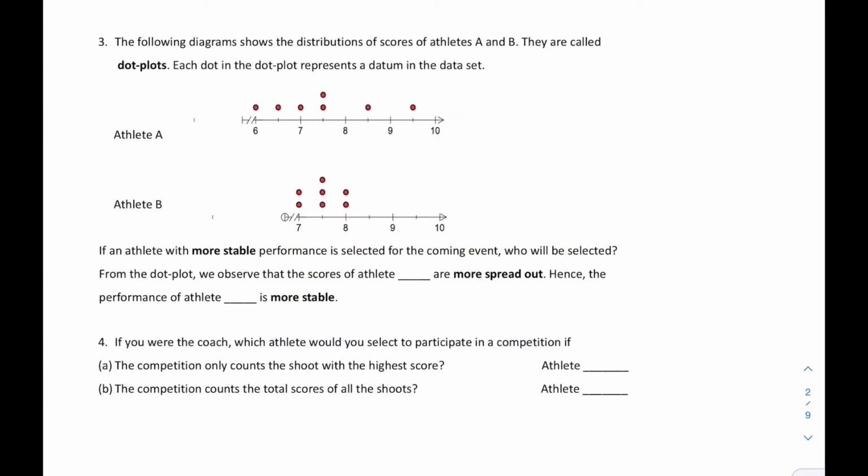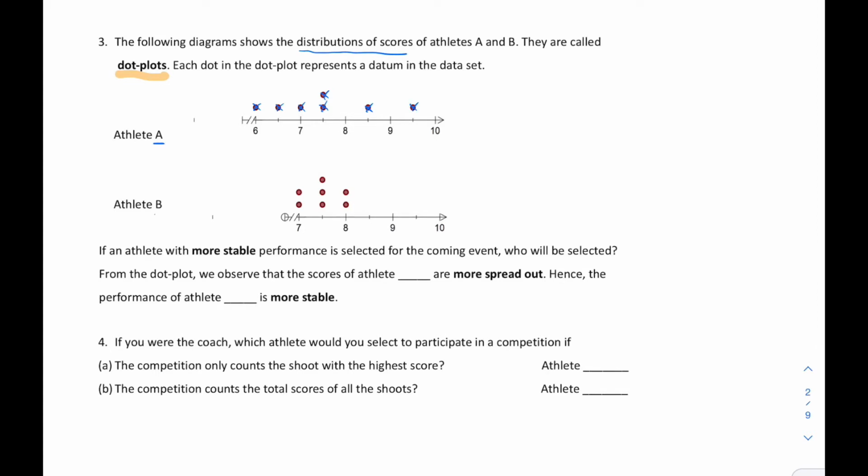Now, let's study the distribution of scores by using a special diagram called dot plots. Here, you can just plot the data on the number line with a dot. Say the data 6, 6.5, 7, 7.5, 8.5, 9.5.